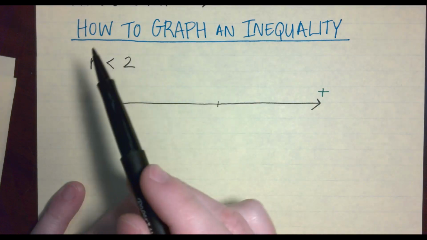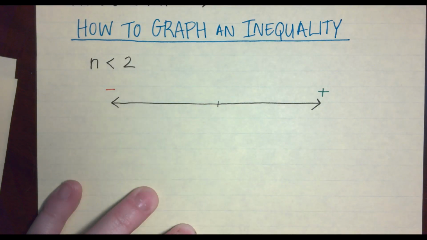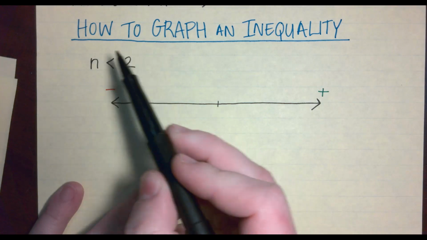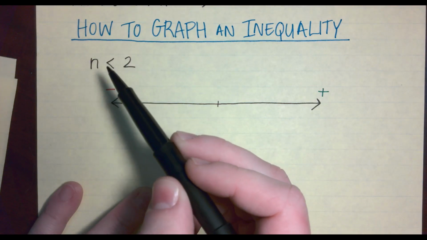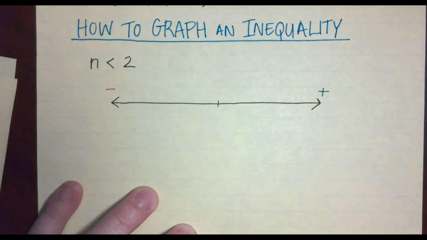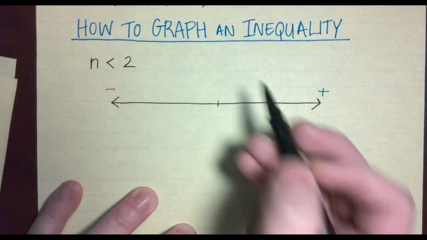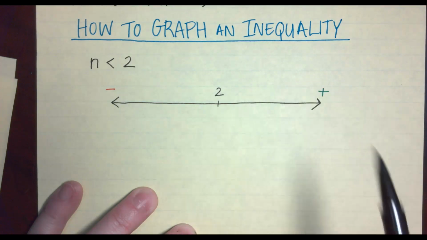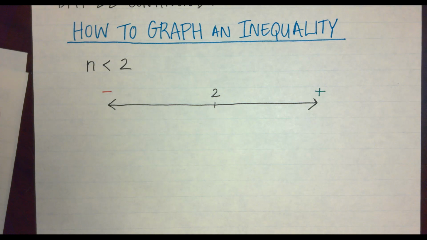What I'm trying to do here is show a visual representation of this inequality. N is any number that's less than 2. So because I'm talking about numbers less than 2, I'm just gonna write 2 right here. Now, here's how we graph. This is a lot easier than you might think.